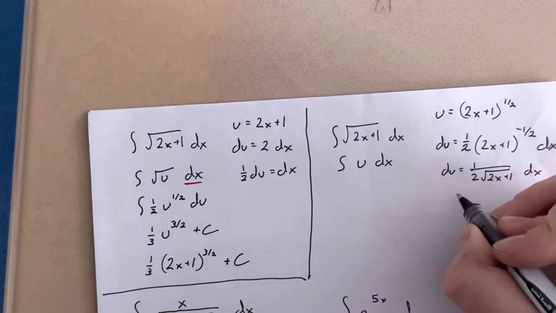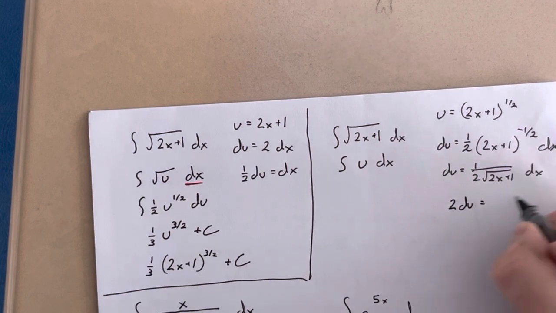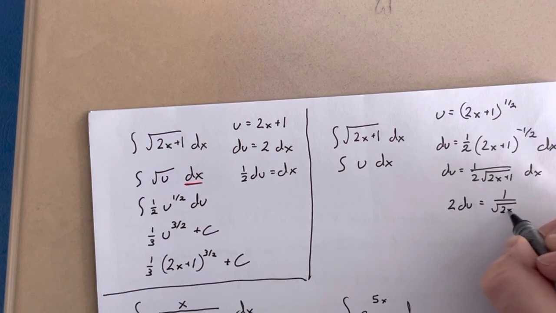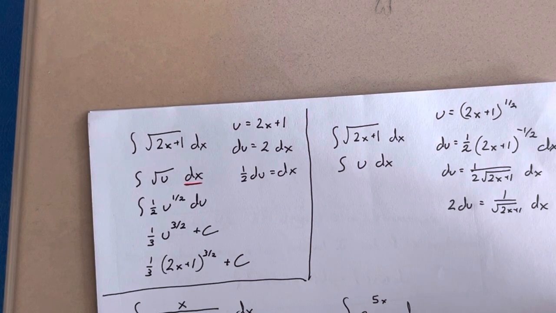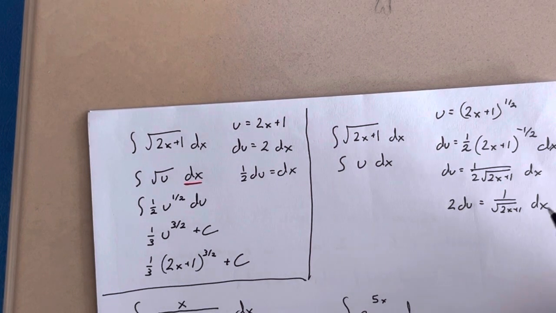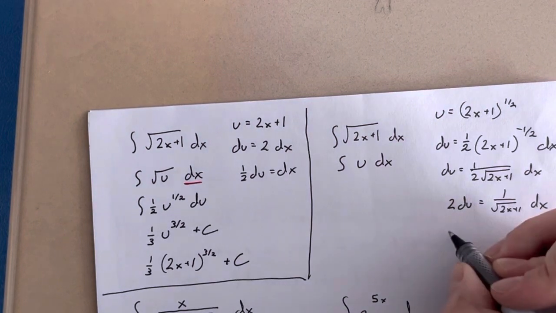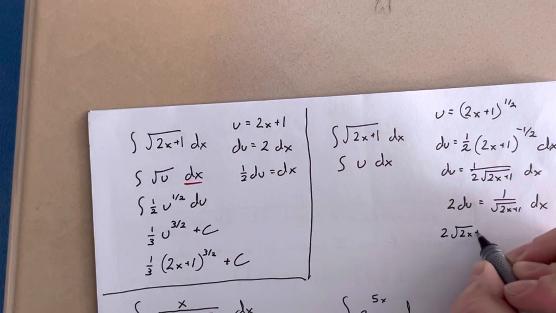And in fact, I can even move this 2 over, 2 du equals. And we're not even quite there. We really need that one more move here. Sorry, I should have done that in one.